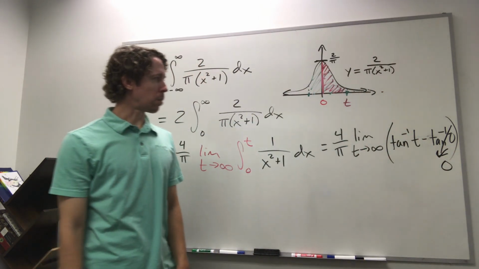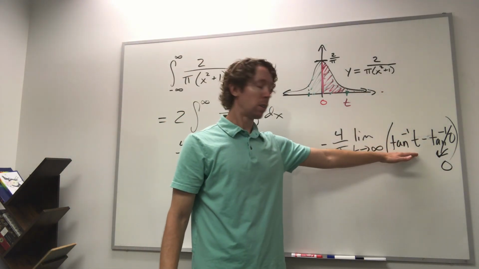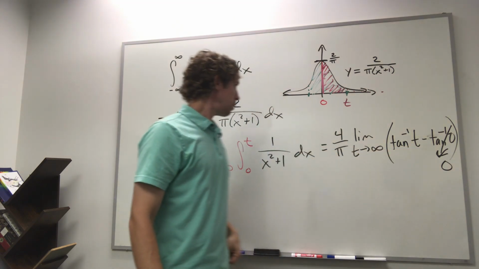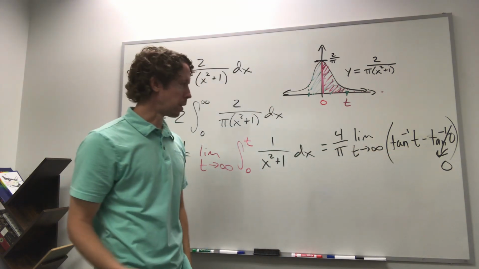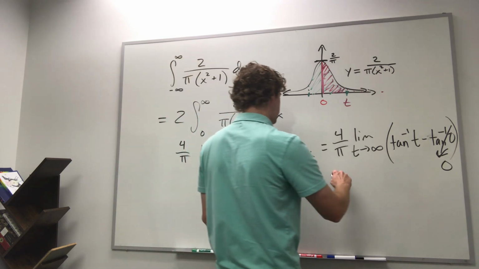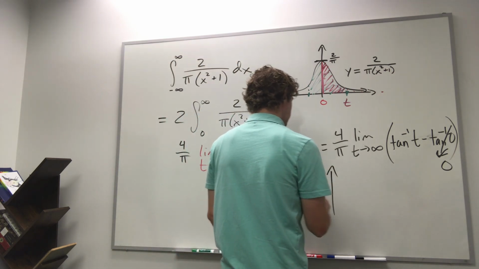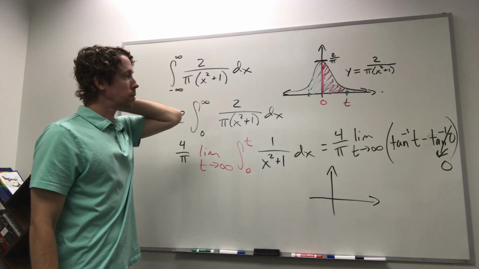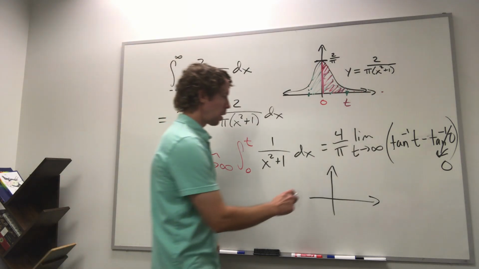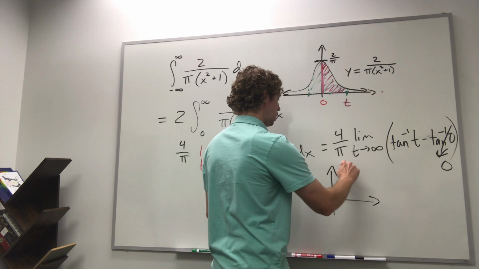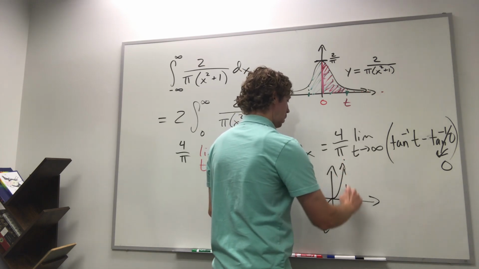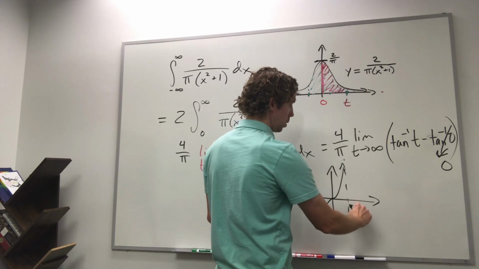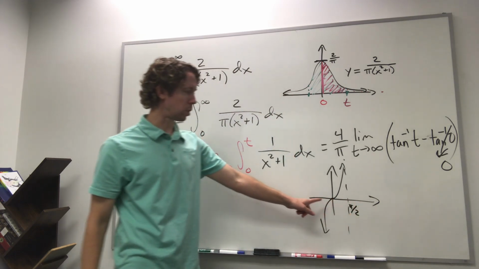And then I've got to think about what happens to arctangent as the argument t goes to infinity. To think about that, I'm going to think about the fact that tangent shoots up to infinity at pi over 2. So this is the graph of tangent.